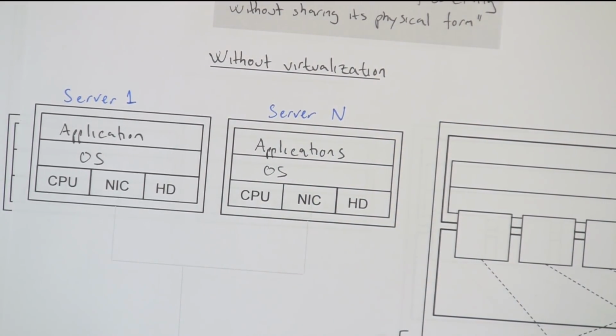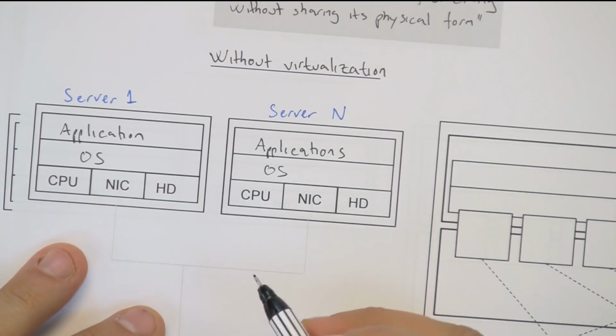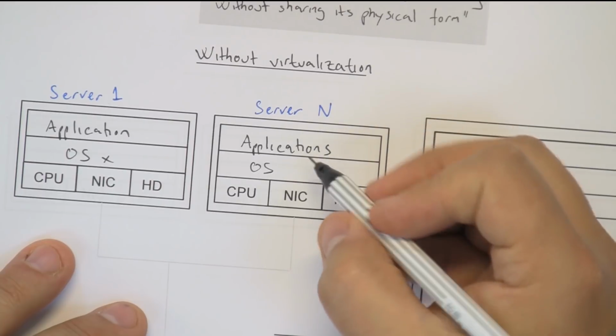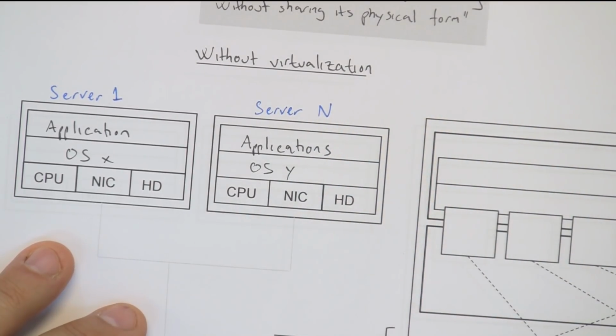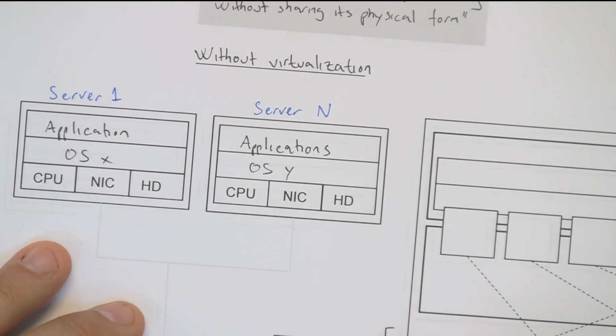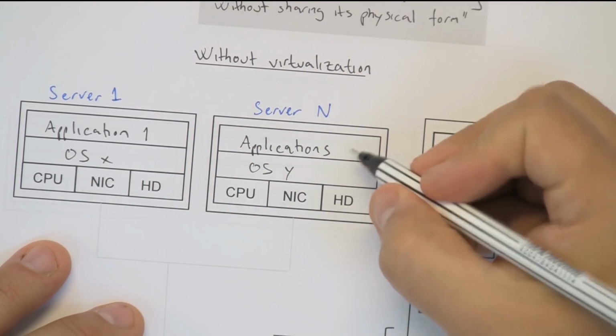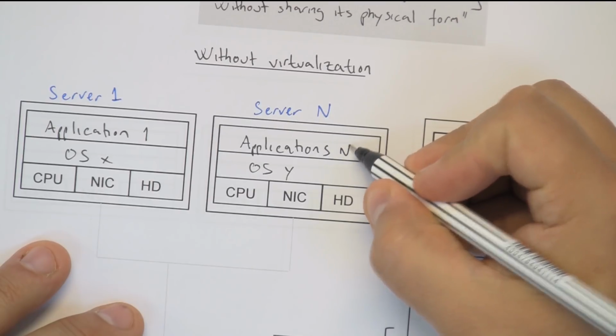It's difficult to talk and write at the same time. So let's do this: this is OS X, this is OS Y, just different operating systems. And up here is application 1 and application N.